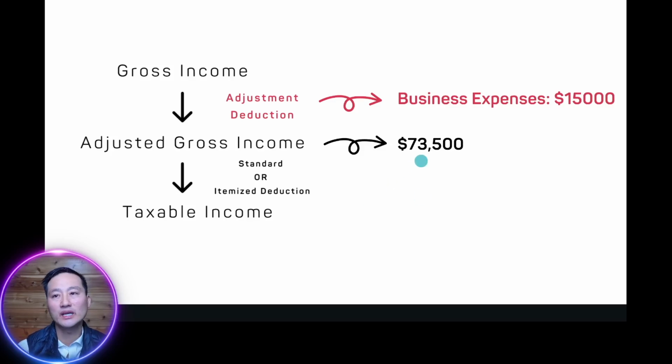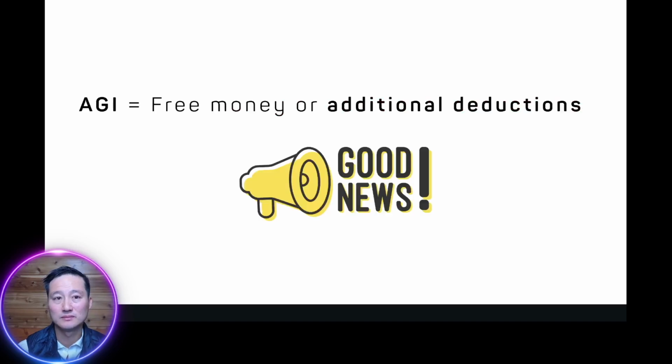Because she was able to incur legitimate business expenses, ordinary and necessary, which totaled $15,000, her adjusted gross income was brought down to $73,500, right, from $88,500. Remember from the earlier slide that if your AGI is low enough, you can qualify for free money or additional deductions.